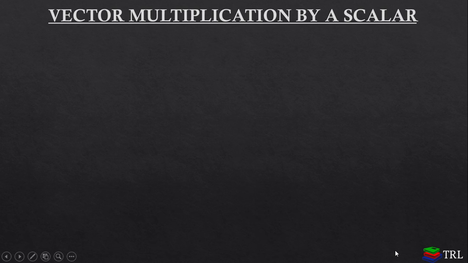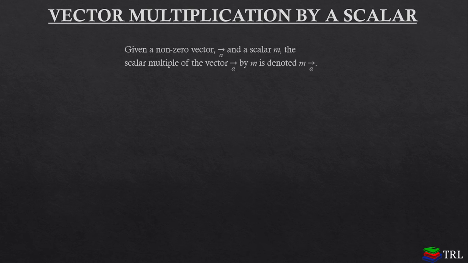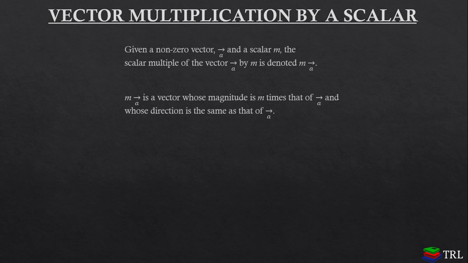Look at vector multiplication by a scalar. Given a non-zero vector A and a scalar m, the scalar multiple of the vector A by m is denoted by m vector A. Now, m vector A is a vector whose magnitude is m times that of A and whose direction is the same as that of A. In the case where m is positive, multiplying the scalar m by the vector A gives us another vector whose magnitude will be larger than that of vector A, but will have the same direction.